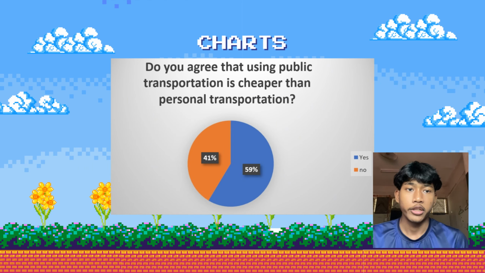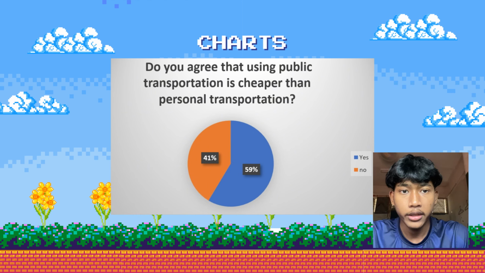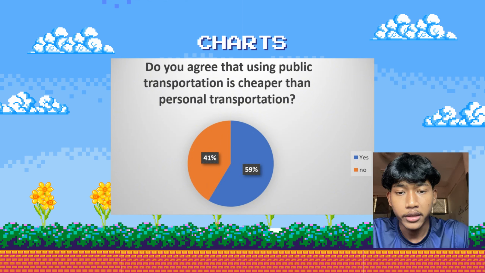Next, we asked our respondents questions that influence their spending habits. Do you agree that using public transportation is cheaper than personal transportation? The results show that 59%, the majority of the students, agree that public transportation is cheaper. However, 41% disagree.